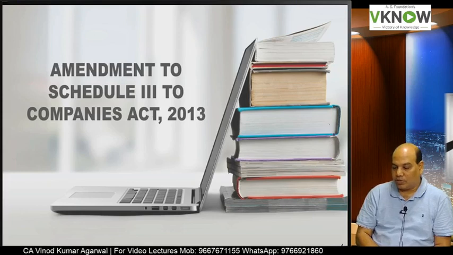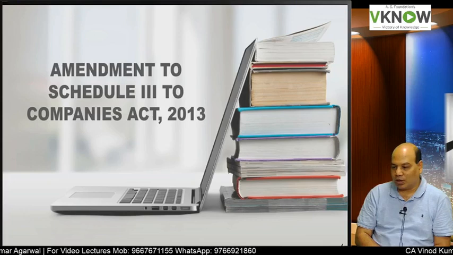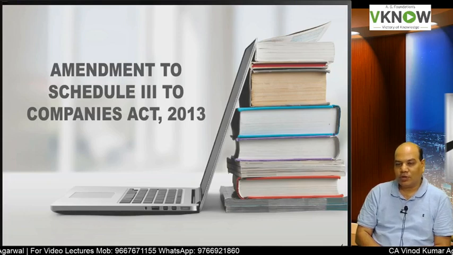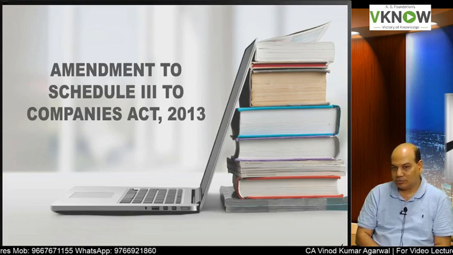And because now it is a part of the law, companies have to observe these disclosures, even though unwillingly, because as we will see, there are a lot of disclosure requirements which will not be comfortable for the company. But you are a company which takes funds from the public. You have a duty towards the public, towards the shareholder.